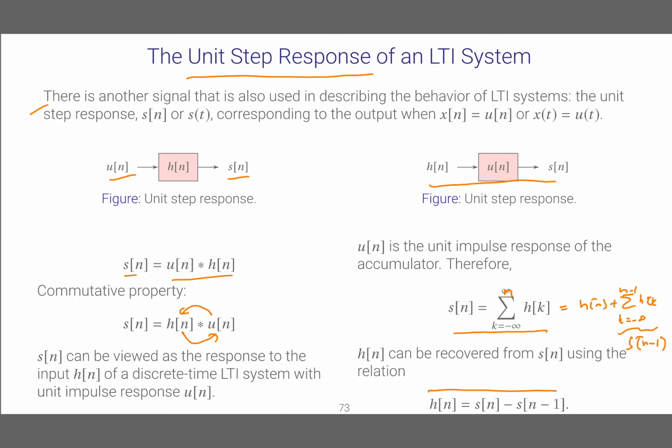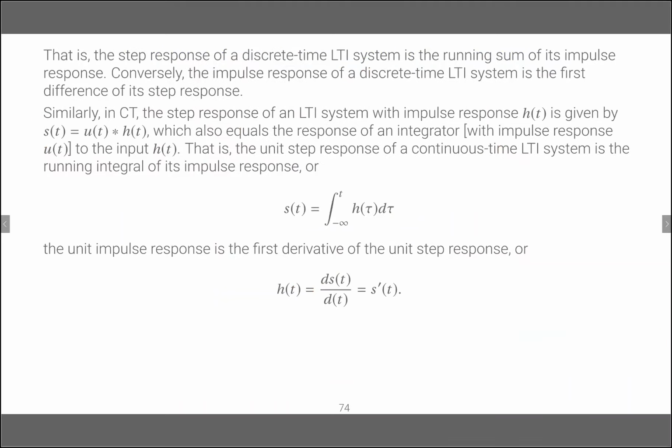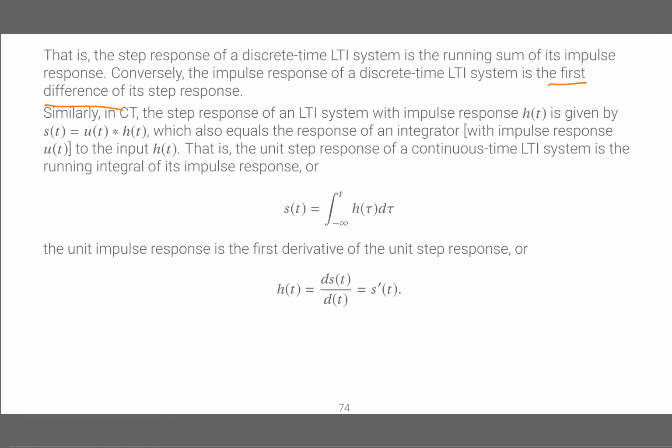That means if you know the step response, you can compute the impulse response by taking the first difference, or sort of differentiating. The step response of a discrete-time LTI system is a running sum of the impulse response. Conversely, the impulse response of a discrete-time LTI system is the first difference of its step response.